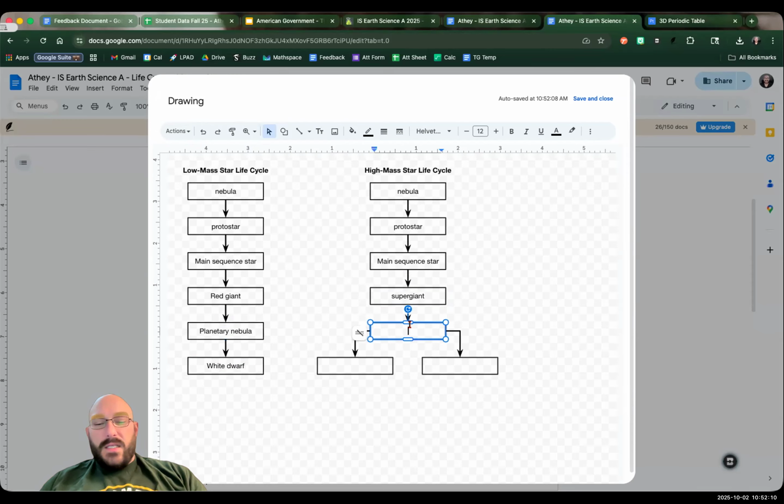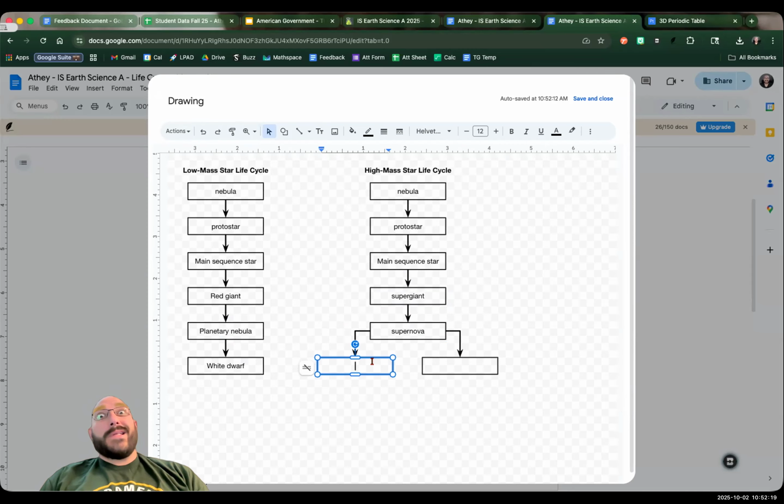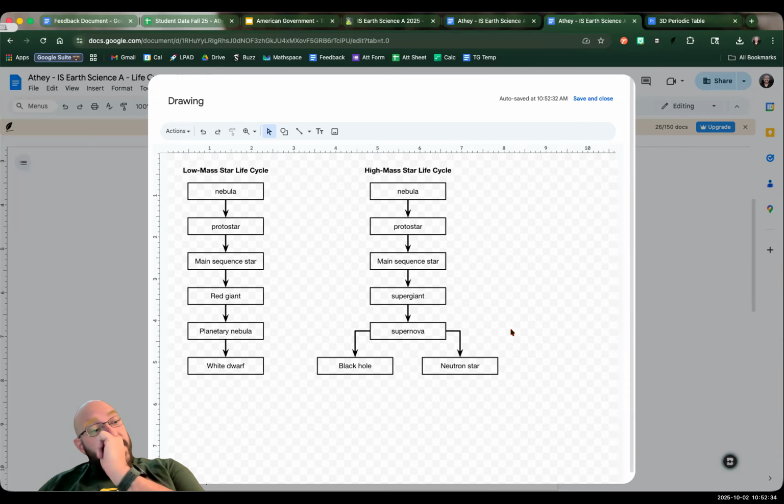A supergiant is going to go supernova. It's going to have a really big explosion. After that, if it's really, really big, it's going to become a black hole. If it's not quite big enough to make a black hole, it's going to become a neutron star, which is kind of like a white dwarf, but not really. It's a lot brighter.